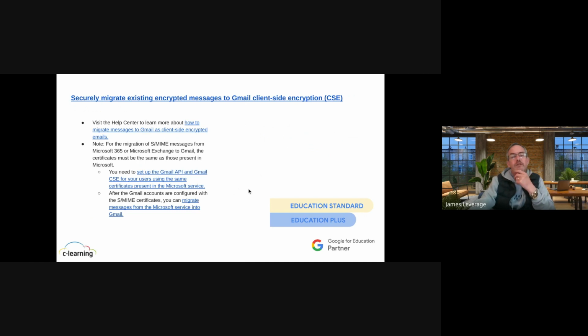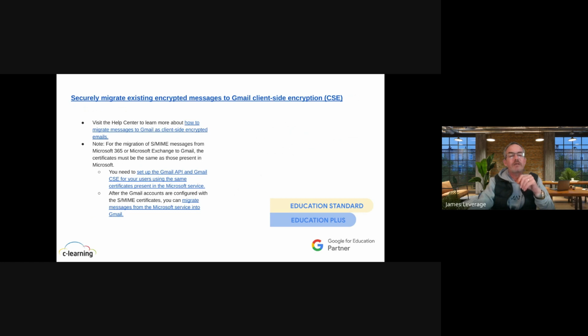This next one is to do with migrating email from another email provider which has encryption. So it's to do with client-side encryption. You can migrate the encrypted messages from, say, Exchange or something like that into Gmail.